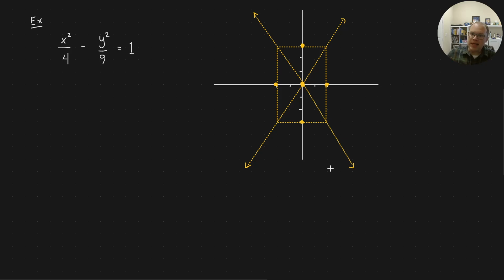Okay, because this is opening in the x direction, I'm going to fill in these points right here. Those are the actual vertices of my hyperbola, and then open in the x direction. I'm just going to hug those asymptotes. It's a very wide opening hyperbola. Let's try that again.